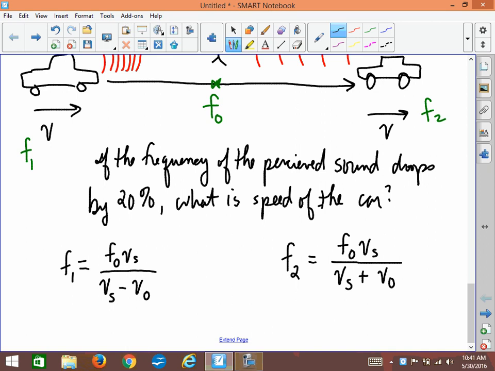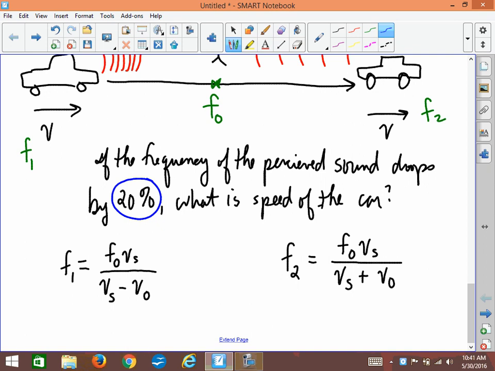Now I have one little bit of information that this question is giving me, and it's this 20% reduction. If the sound drops by 20%, that's like saying that after it passes, the frequency that it has when it passes is only 80% of what it was when it started, right?